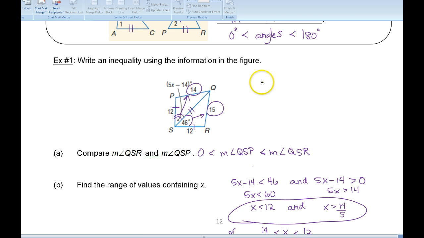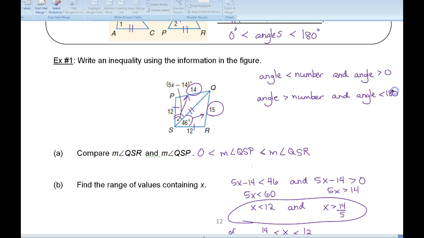If your angle is less than a number, then you have to also make sure the angle is greater than 0. But if it says the angle is greater than a number, then you have to throw in there that the angle must be less than 180.